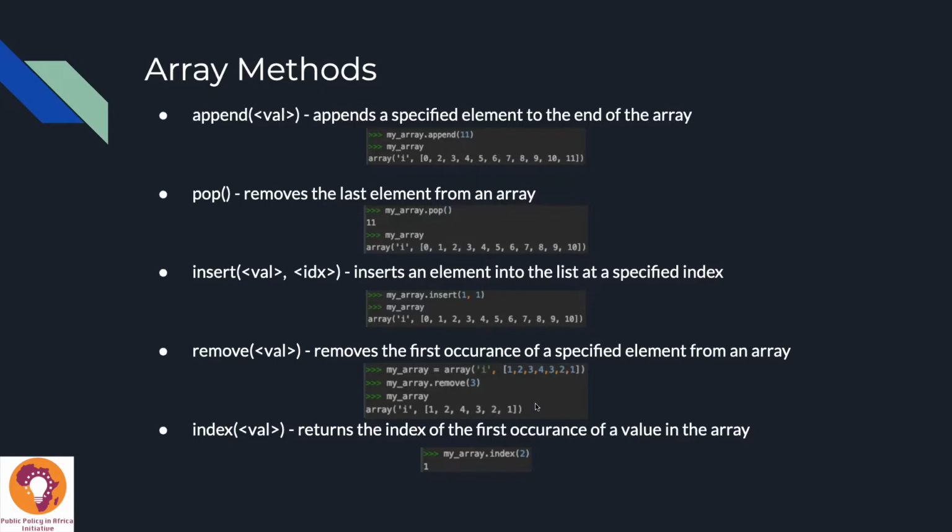Because keep in mind, again, you can repeat values in an array, and the order is maintained in arrays. So unlike sets, you can have repeated values and order is maintained. That's why it removes the first element that matches the value that you passed.